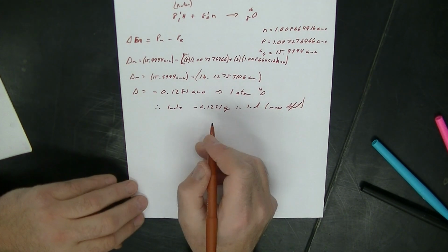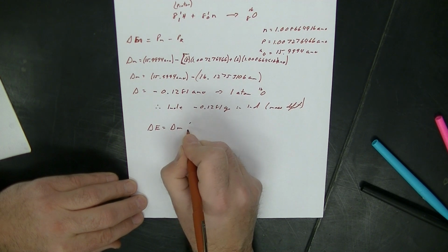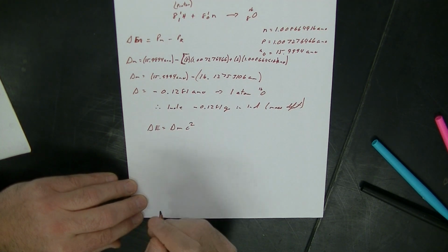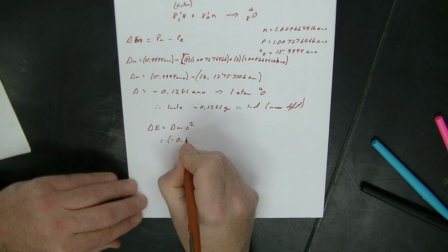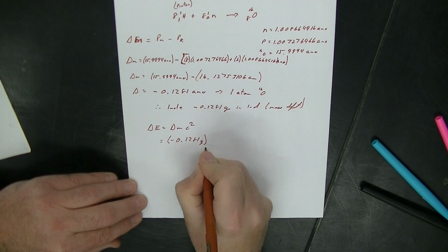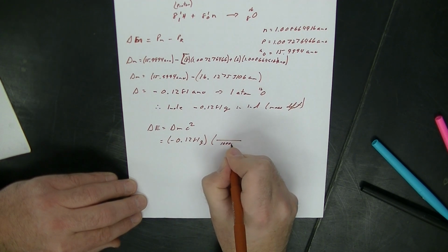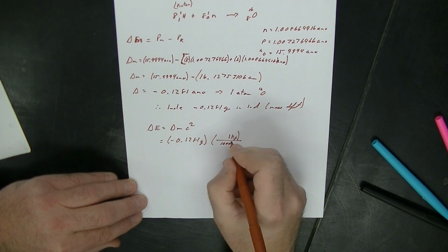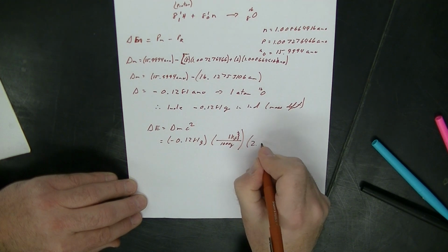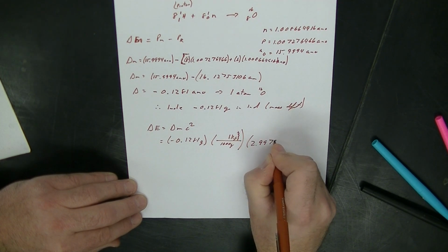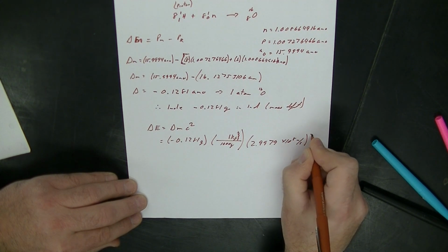Well, how much energy would that be? Our change in energy equals our change in mass times the speed of light squared. So we have negative 0.1281 grams, and we have to convert that to kilograms: 1,000 grams is 1 kilogram. Times our speed of light, which is 2.9979 times 10 to the 8th meters per second, squared.